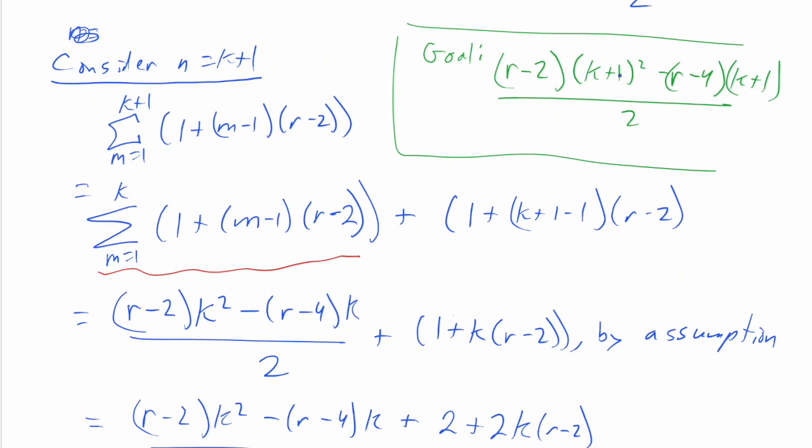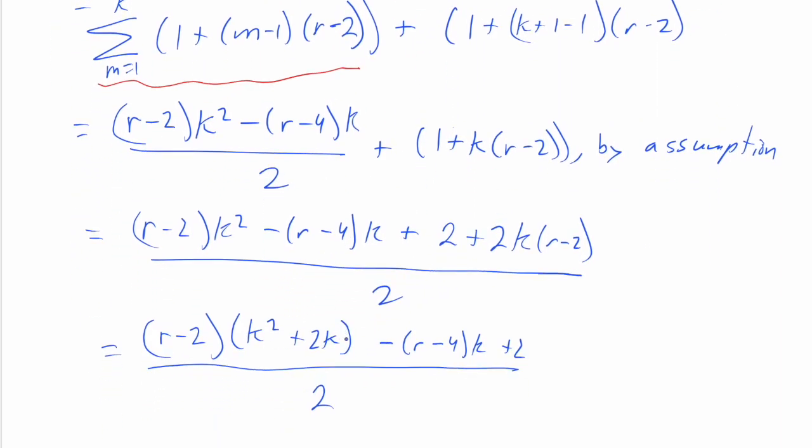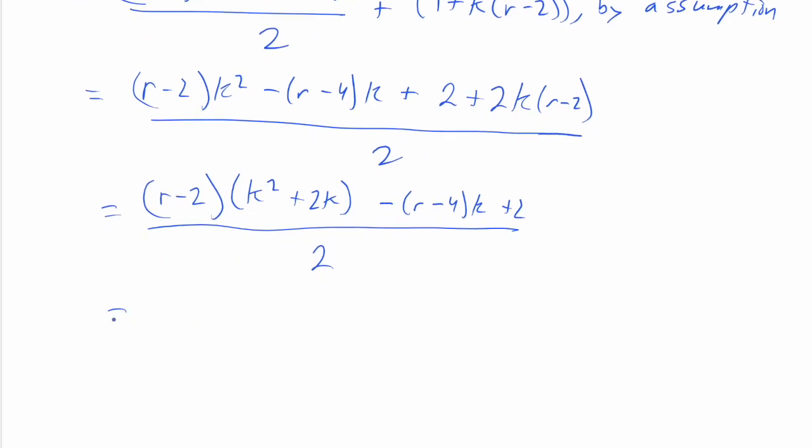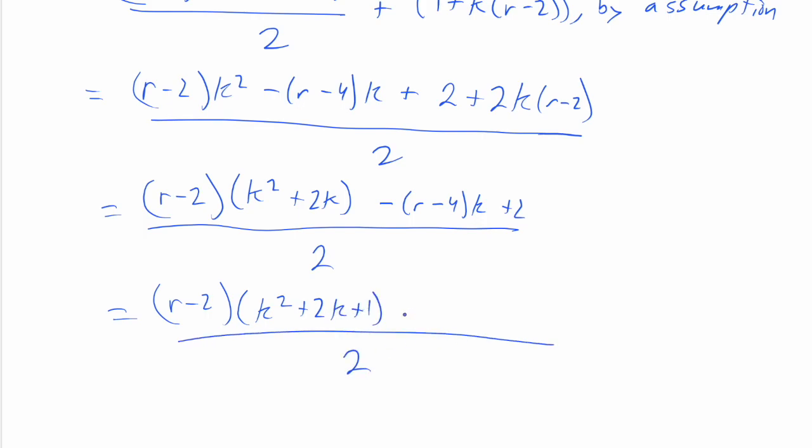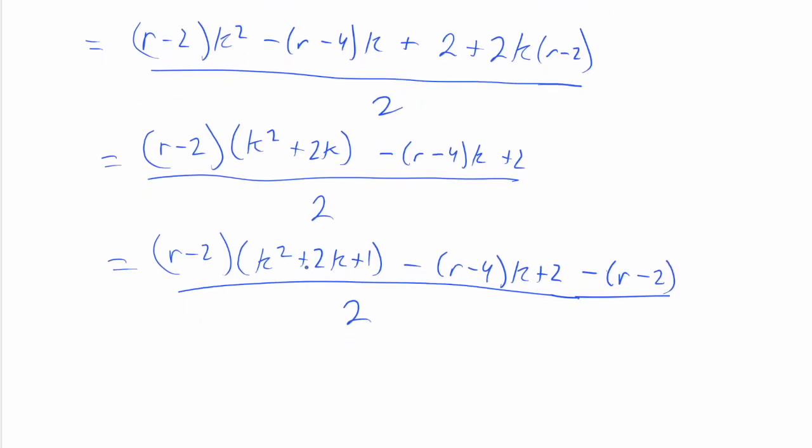So we want k plus 1 squared. This is almost k plus 1 squared, we just need a plus 1 there. So let's add in a plus 1, and we'll subtract something afterwards to counteract that. We added this plus 1, that gave us an extra r minus 2, so we have to counteract that by subtracting an r minus 2 on the end.